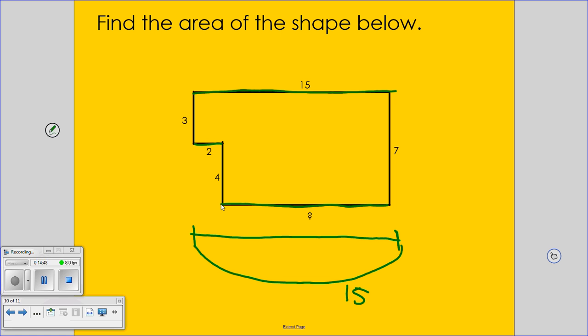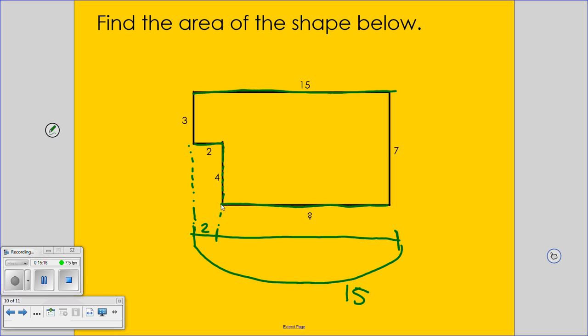Do I know any pieces? Rachel, I see you shaking your head yes. What's one piece that I do know? I do know that 2.